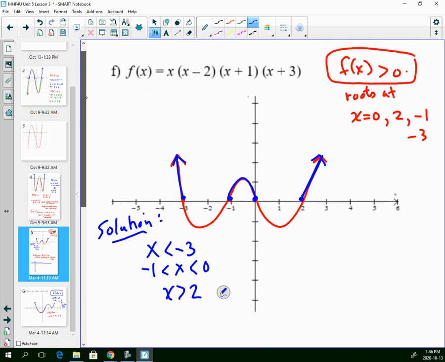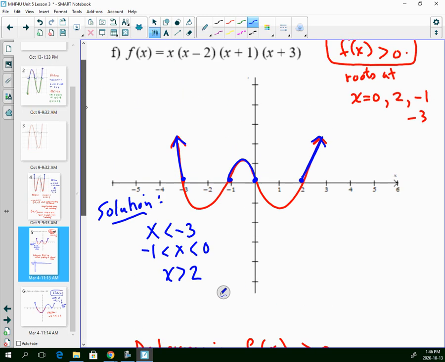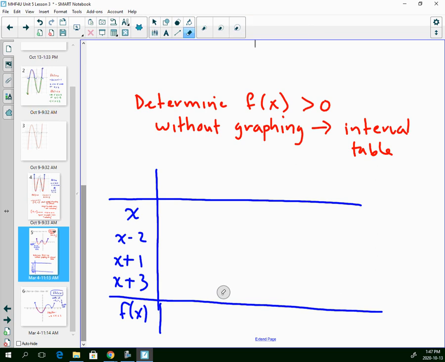This one's already factored, so I have 4 factors: x, x minus 2, x plus 1, and x plus 3. This is where my factors go. Then we're going to total it up at the bottom by representing it by the function f of x.